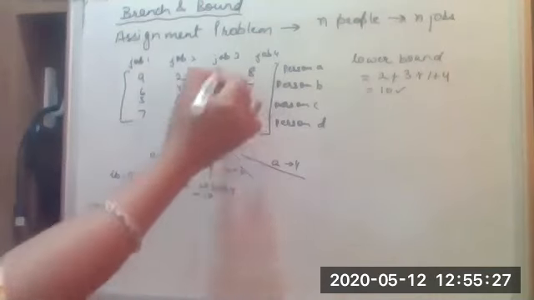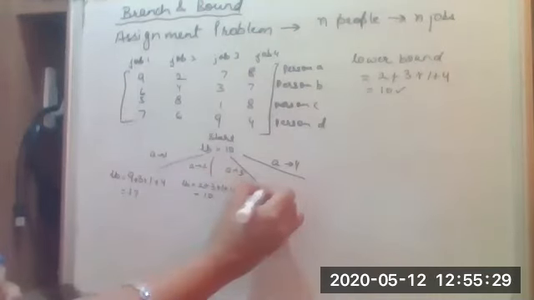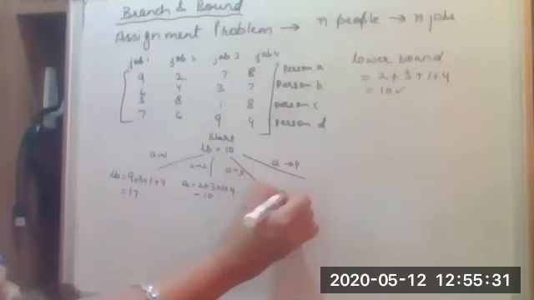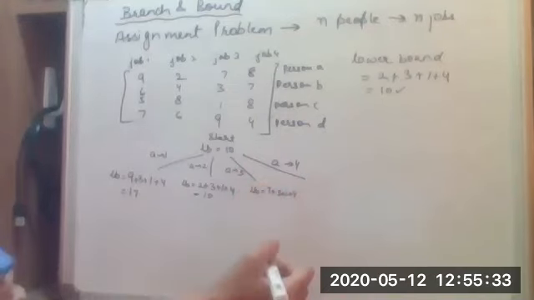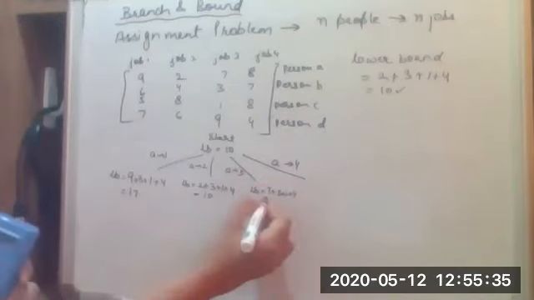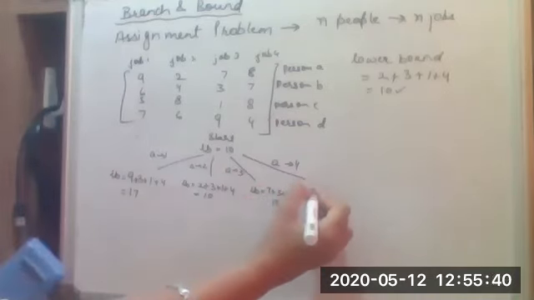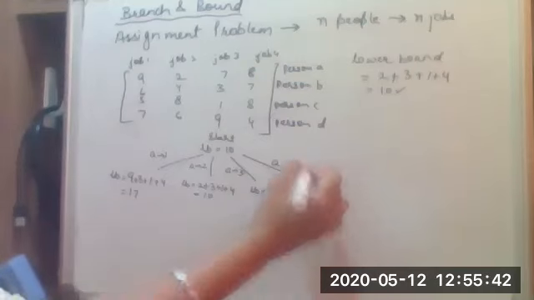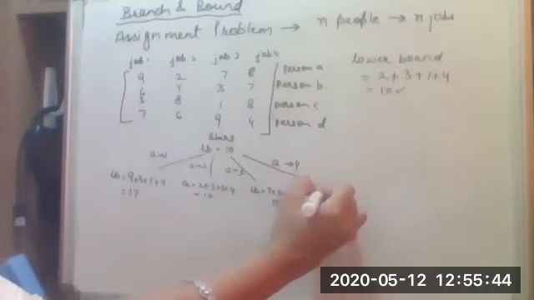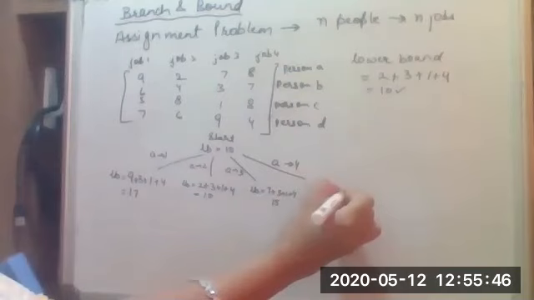So if A is equal to 3, the lower bound will become 7 plus 3 plus 1 plus 4, which in this case is 15. If A is equal to 4, here we will have 8 plus 3 plus 1 plus 4.